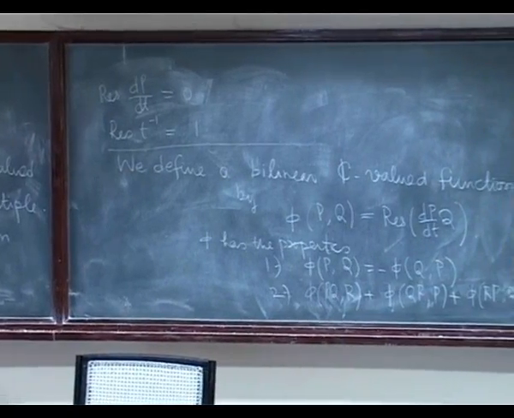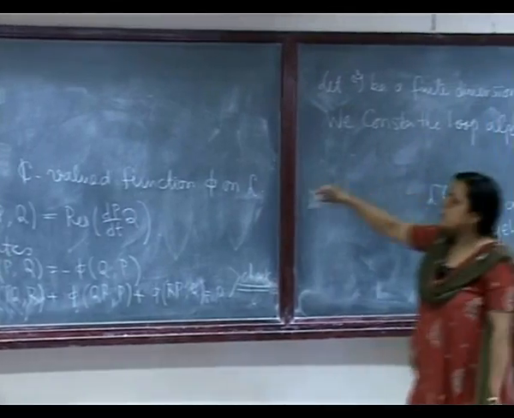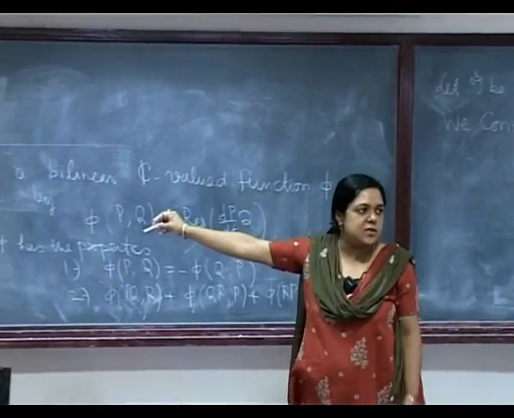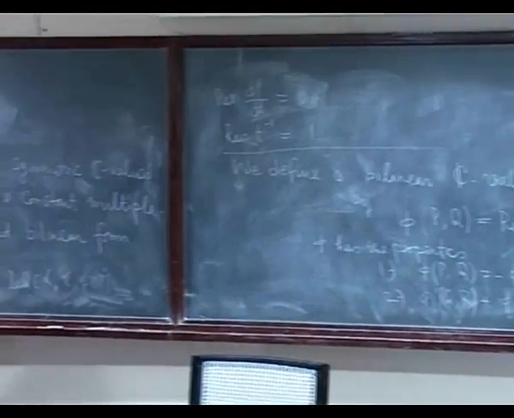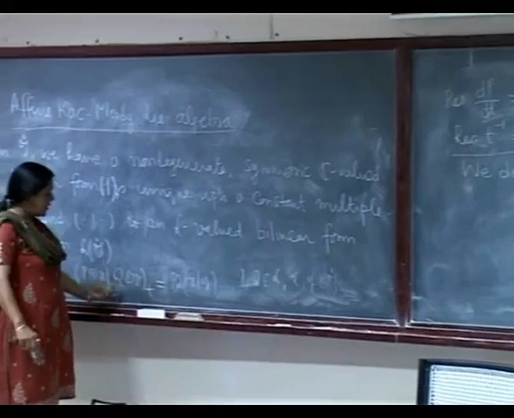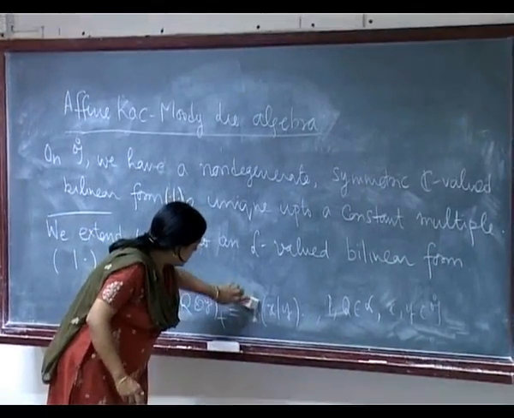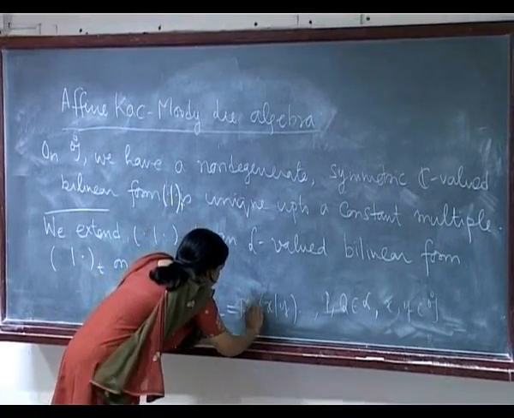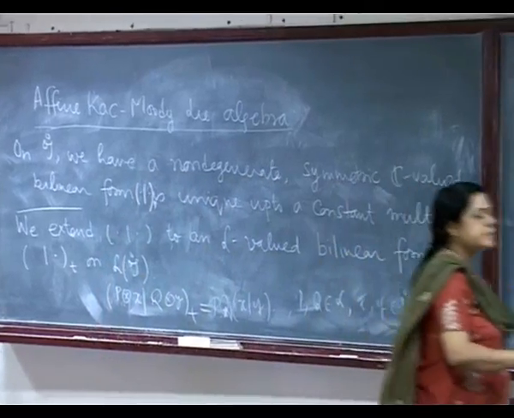We have extended the bilinear form from G naught to L G naught in this way. If I consider two elements P tensor X, Q tensor Y, and define the bilinear form as PQ, this is PQ times X bilinear form Y.